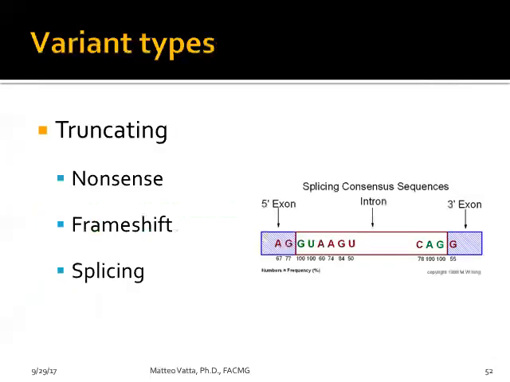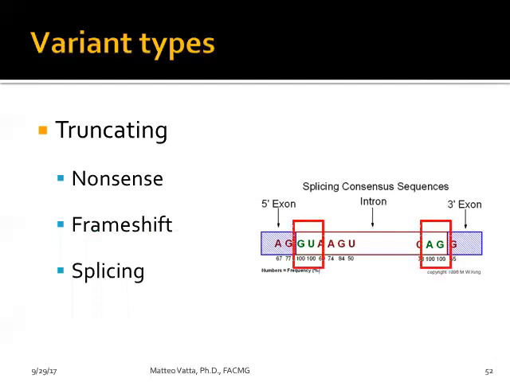So variant types. When we find that there is a certain type of variant that occurs in a patient, we may get excited sometimes too soon. So we always have to keep in mind the mechanism of the disease. So when we, for instance, identify truncating variants, those are nonsense, frameshift or splicing.